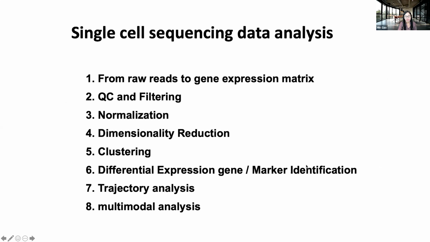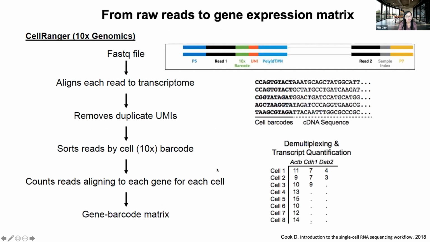Next, I will introduce the basic steps for working on a single-cell RNA-seq dataset. The first step is going from the raw reads to the gene expression matrix. Here shows the sequence data from the 10x Genomics single-cell platform. We get the raw reads, shown here, that contain the cell barcode and the cDNA sequence.